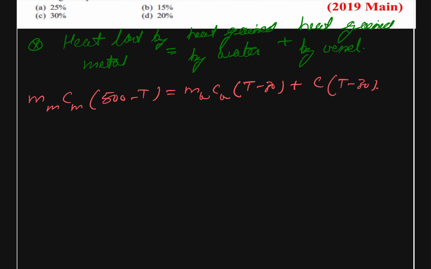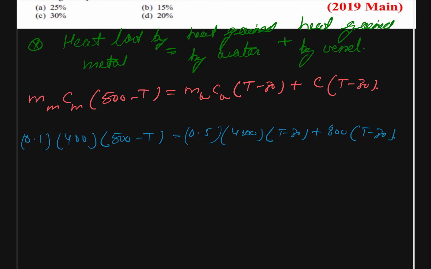We get this as 0.1 multiplied by 400 times 500 minus T is equal to 0.5 times 4200 times T minus 30, plus 800 times T minus 30.